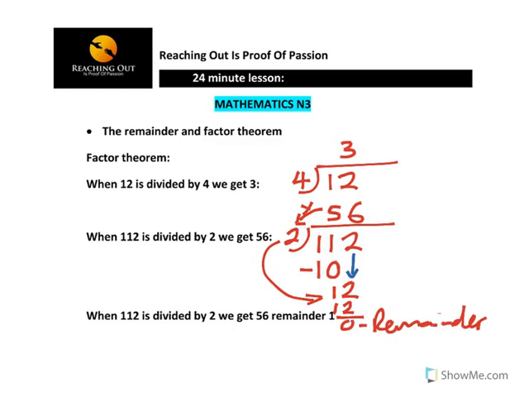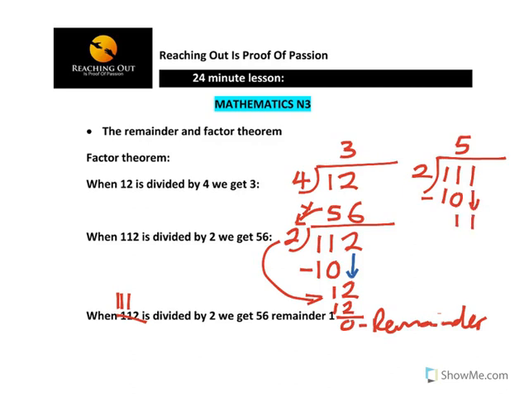However, when 111 is divided by 2, using the same example, 2, 1, 1, 1. Now, 2 into 11, it's 5. 5 times 2 is 10, you subtract, you get a 1, and you bring down this 1.